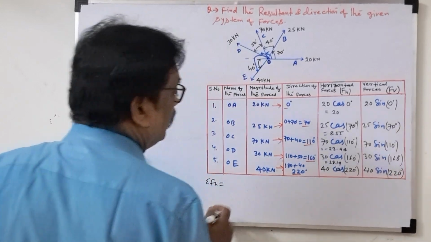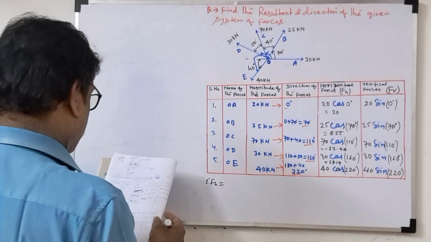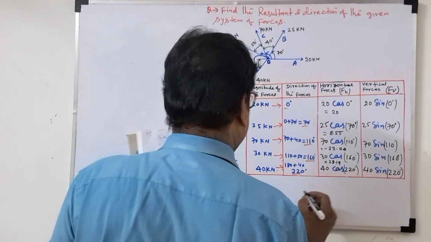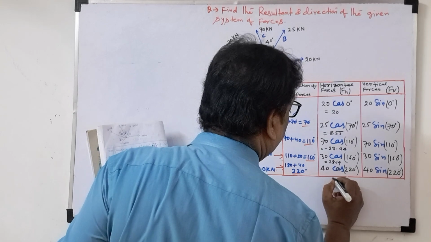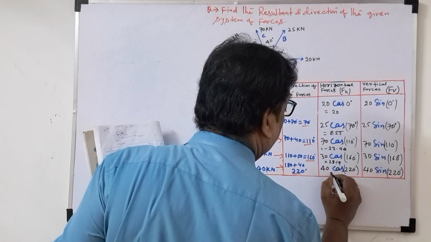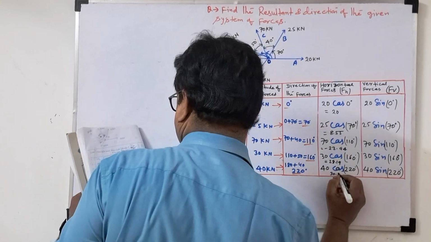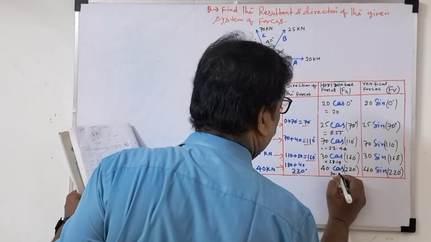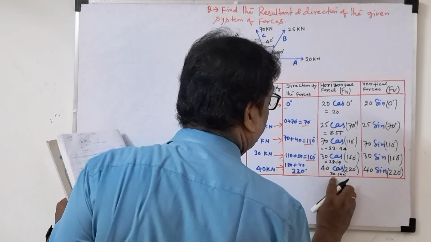So you can write directly here also. 40 cos 220 is minus 30.642.